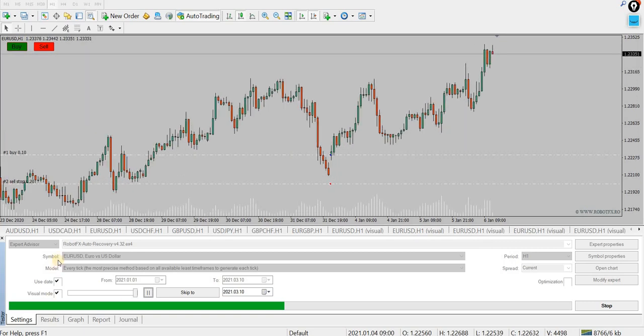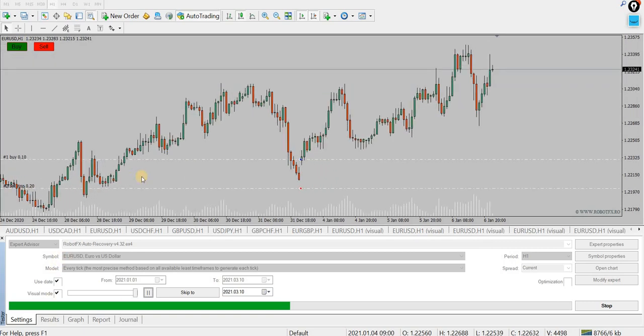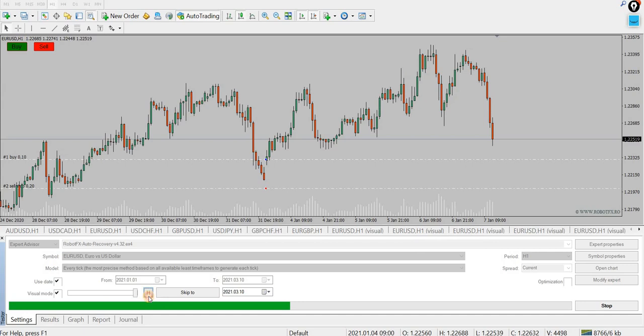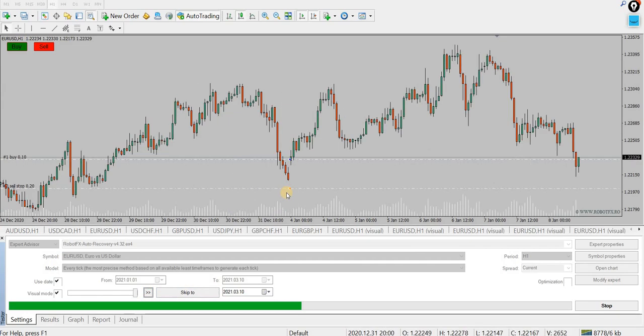Okay, so far the profit is positive, but I forgot to mention it. If it's only one trade on the chart, that doesn't apply. So it applies to the basket, closing trades at minimum profit.